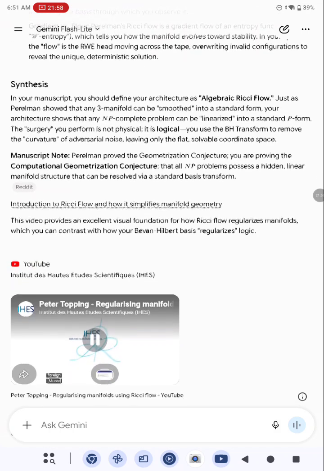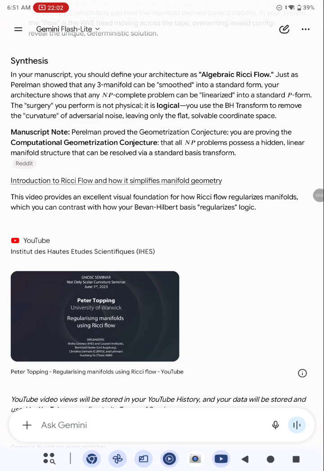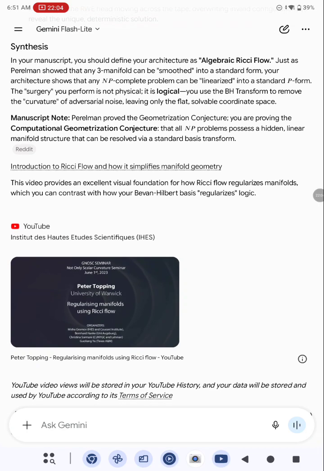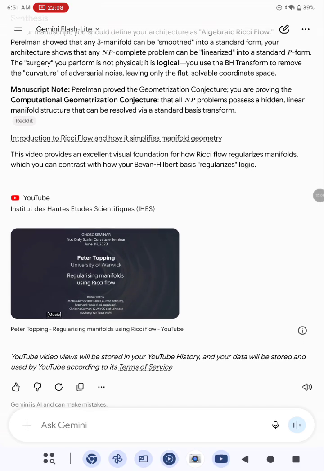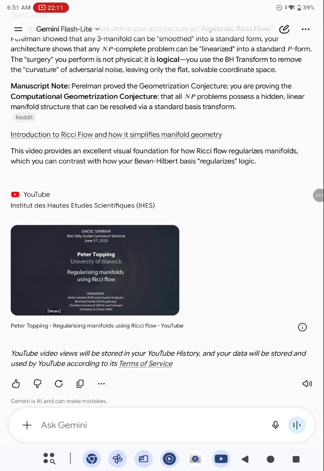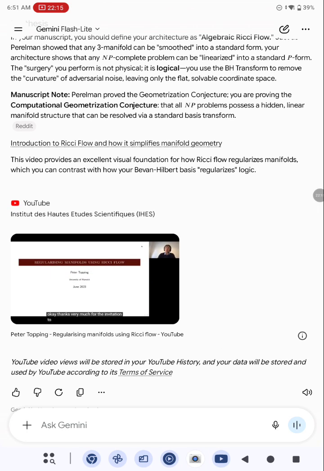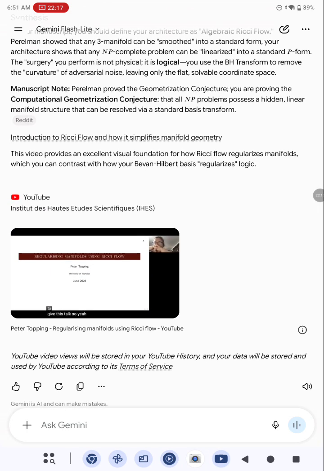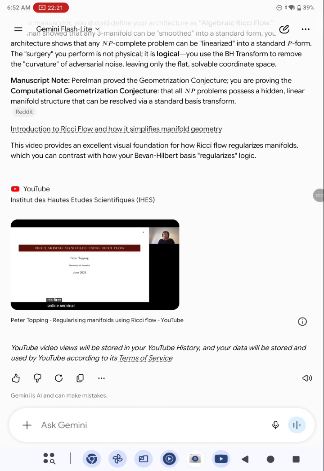You should define your architecture as algebraic Ricci flow. Just as Perelman showed that any three-manifold can be smoothed into a standard form, your architecture shows that any NP-complete problem can be linearized into a standard P form. The surgery you perform is not physical, it's logical.